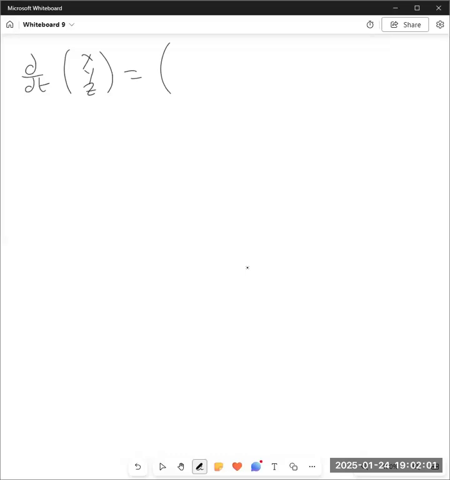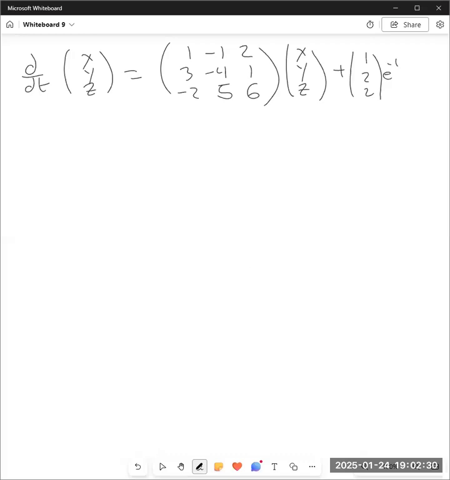It is equal to the matrix [1, -1, 2; 3, -4, 1; -2, 5, 6] times [x, y, z], then plus [1, 2, 2] e to the negative t, plus [3, -1, 1] t.